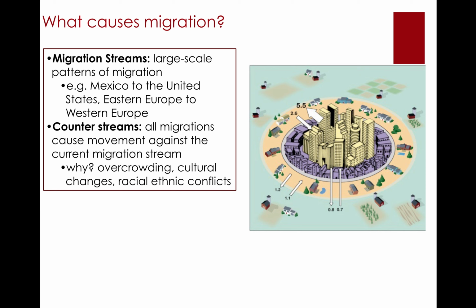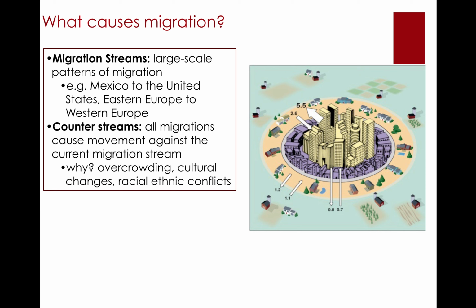So the large number of people moving from Mexico to the United States, the large number of people moving from Eastern European countries, the countries that were formerly part of the Soviet Union, to Western Europe, these are going to be large-scale migration streams. Currently, the large-scale number of migrants emigrating from Syria and moving into Western Europe, into Turkey, into Northern Africa, these are all migration streams.